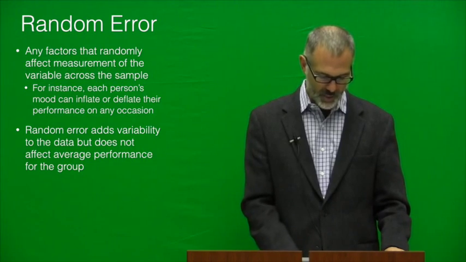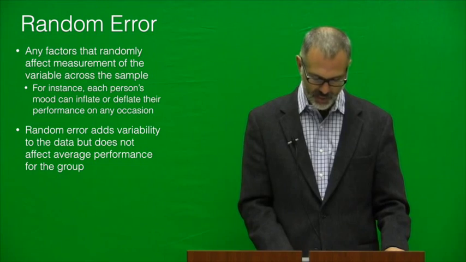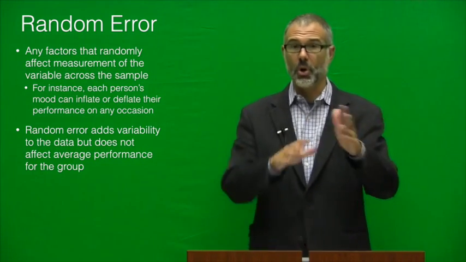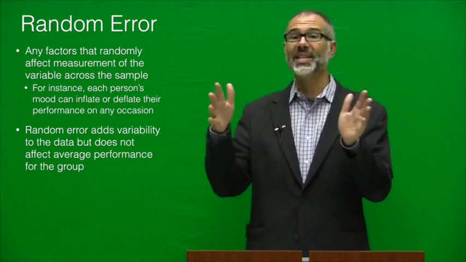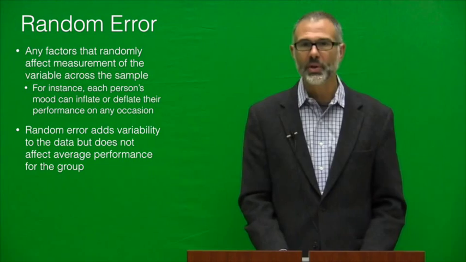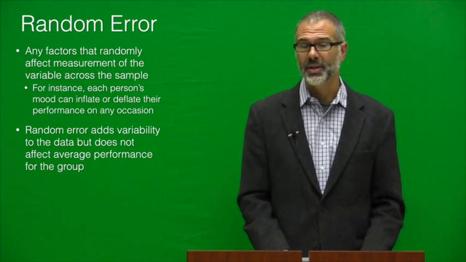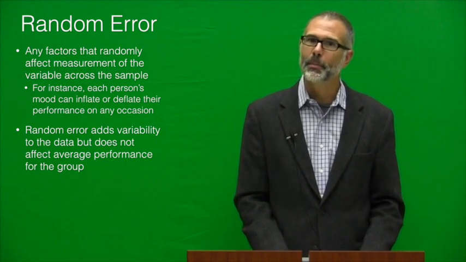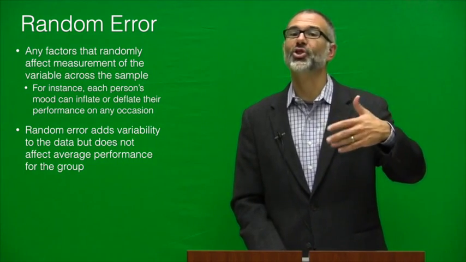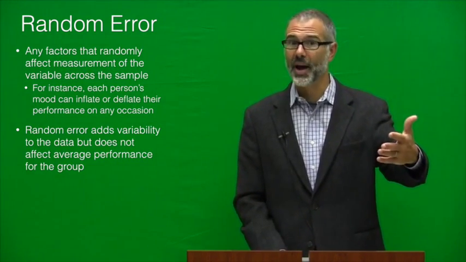So with regard to random errors, any factor that randomly affects the measurement of our variables across the sample, in other words, if everyone is equally affected by the error, then the random error will add variability to my data, but it doesn't change the mean of my data. It doesn't change how much depression I think a person or a group of people have.